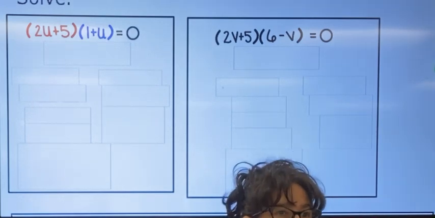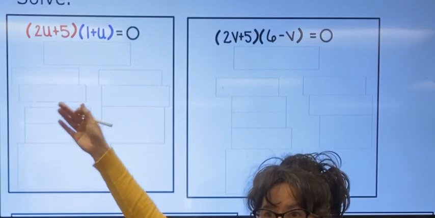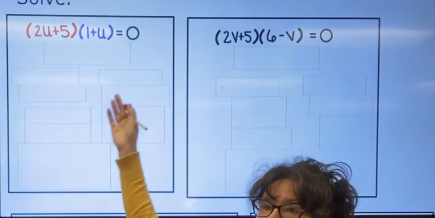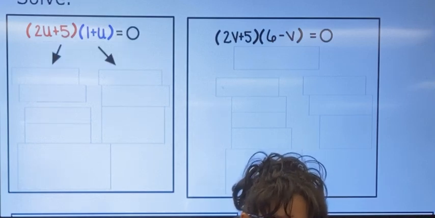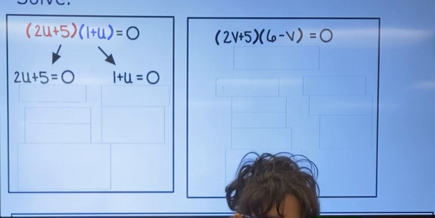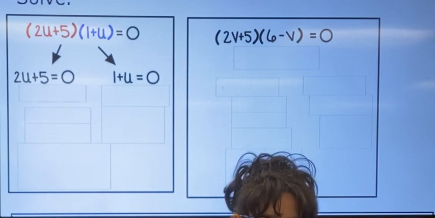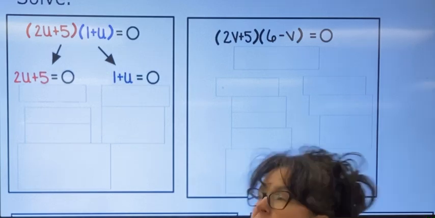So we need to figure out what number makes the red one equal 0 and what number makes the blue one equal to 0. So that's why the next thing we're going to do is set each one of these, the red one equal to 0 and the blue one equal to 0, and solve.